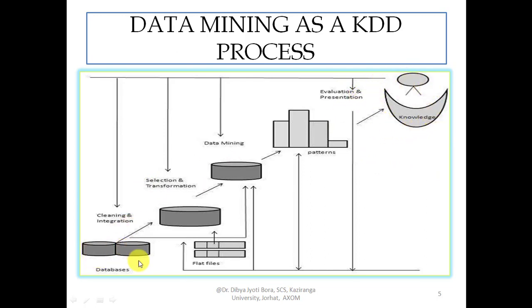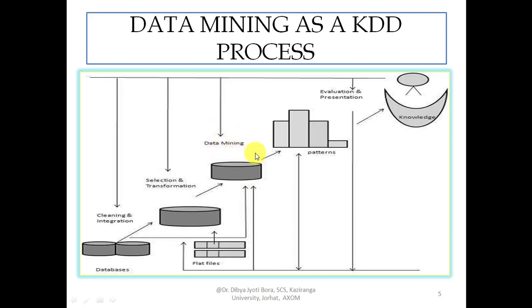So from different sources like databases and flat files, we have collected the data through integration, and then we clean the data, then selection of the relevant data takes place, and then we convert it into one particular form so that different data mining techniques can be applied on it.